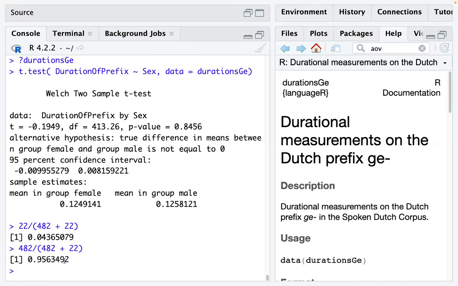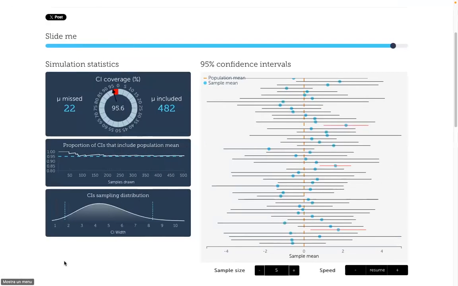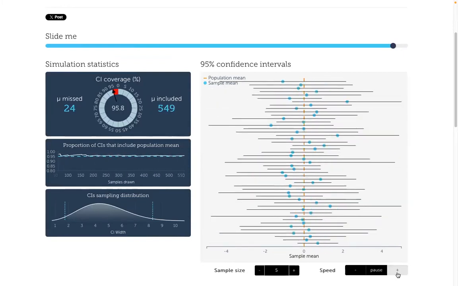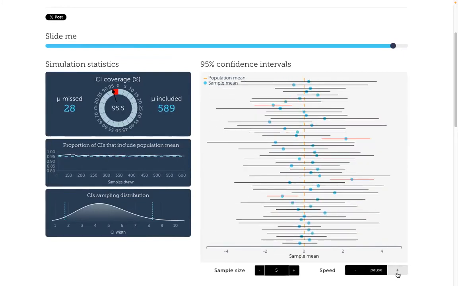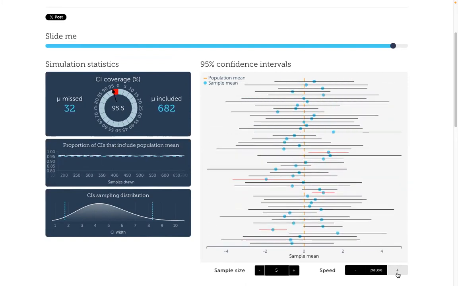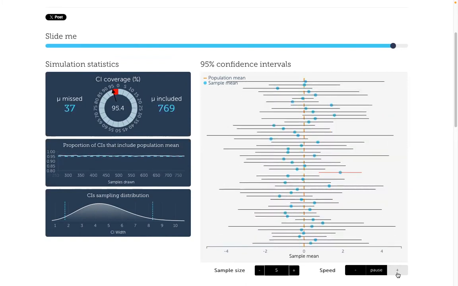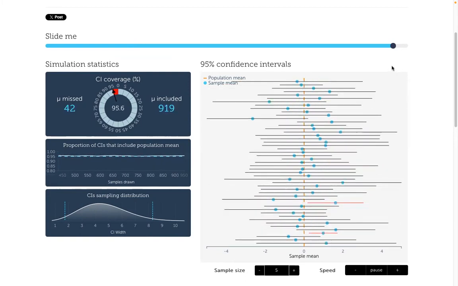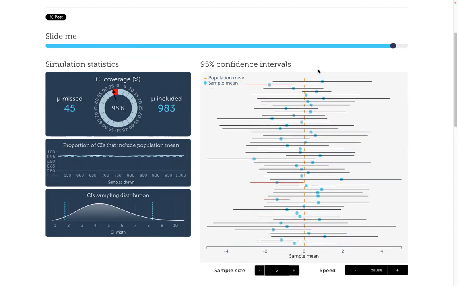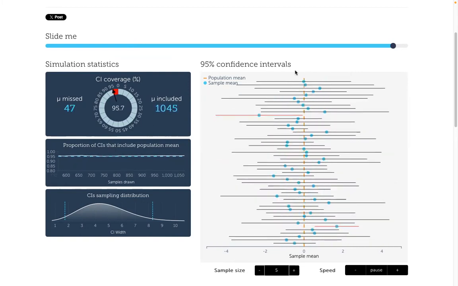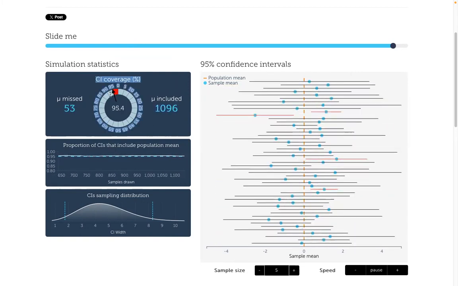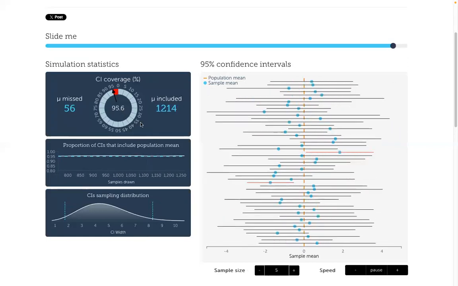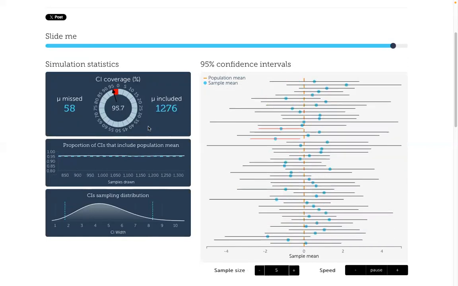So more or less 0.95. And if we go on with the cases, it will be more precise. Okay, it seems he's overestimating it. I don't know why. But more or less it is 95.